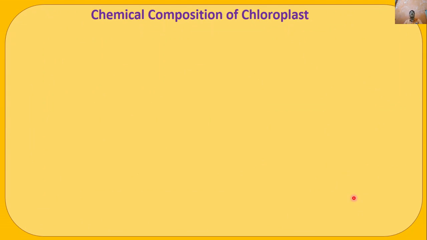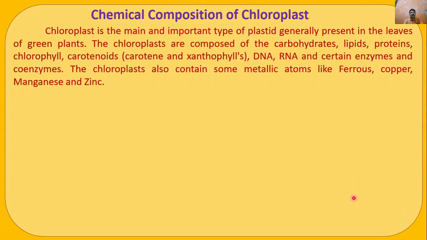Now after completing the structure of this chloroplast, we will proceed to the chemical composition of chloroplast. Chloroplast is the main and important type of plastid generally present in the leaves of green plants. The chloroplasts are chemically composed of carbohydrates, lipids, proteins, chlorophylls, and carotenoids, which include carotene and xanthophylls. They also contain DNA, RNA and certain other enzymes and coenzymes.